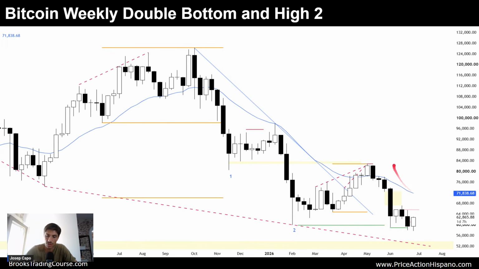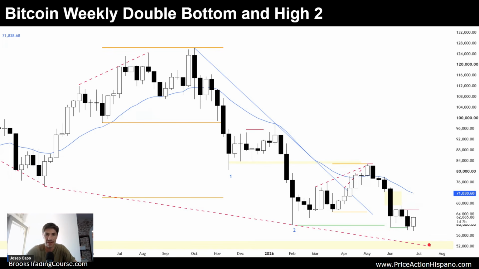The market can continue lower until bulls take control. Have bulls taken control with this week's bull reversal bar? Not yet, at least on this time frame. We are going to zoom into the daily chart later, which is very interesting to watch this pattern evolving in a lower time frame.